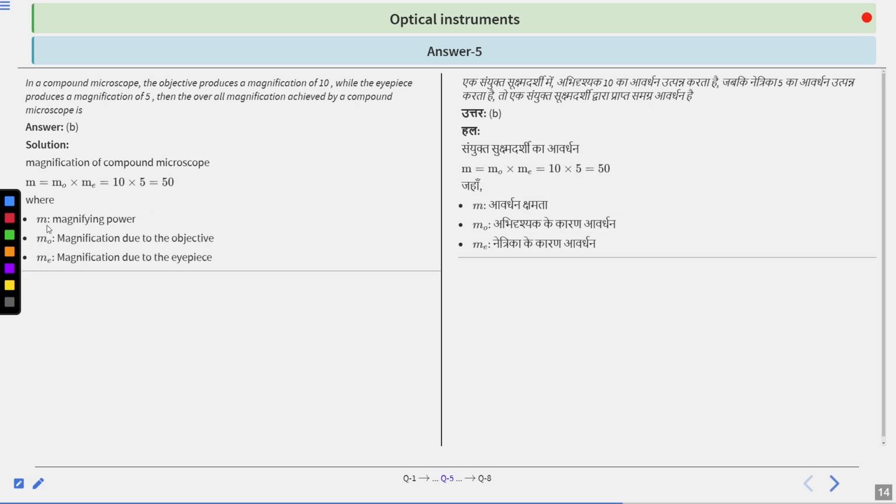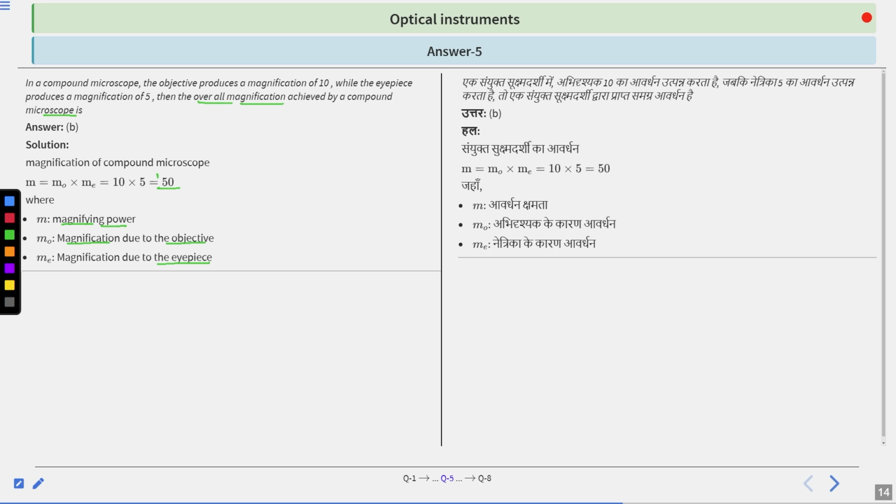So M is the magnifying power, Mo the magnification due to the objective and Me the magnification due to the eyepiece. Clear? The overall magnification achieved by the compound microscope is 50.